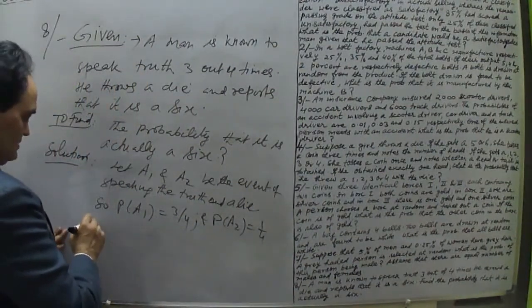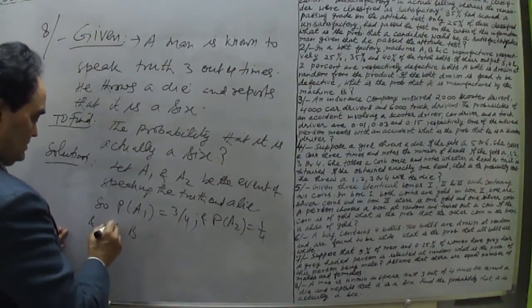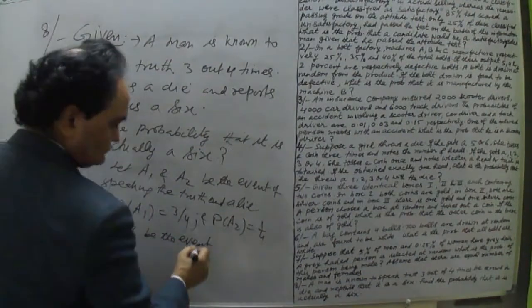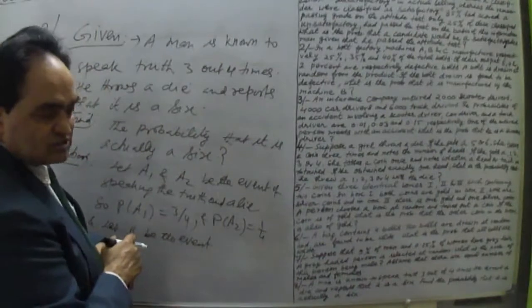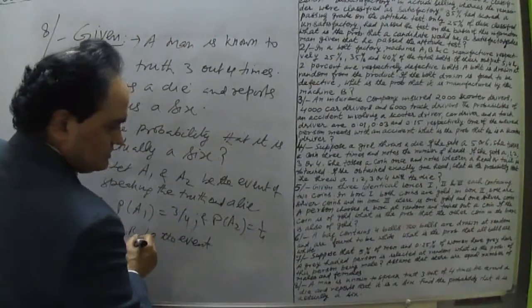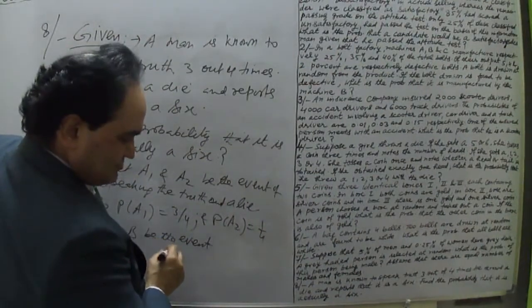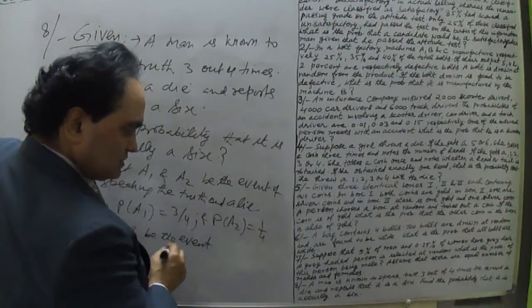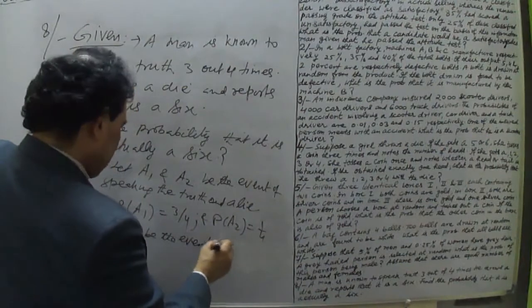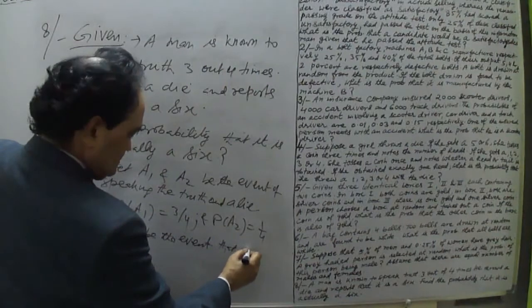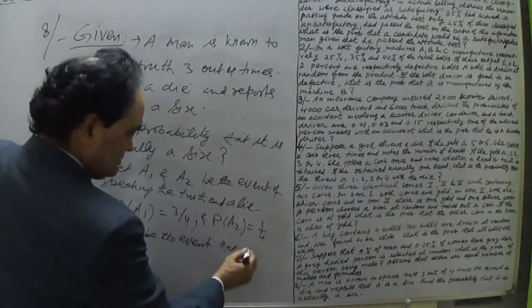So 1 minus 3/4, that means 1/4 is not telling the truth. Secondly, let B be the event that 6 appears.